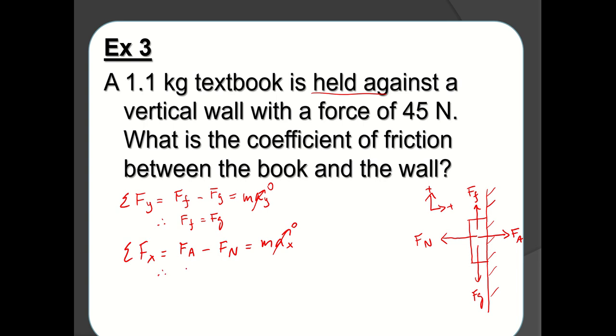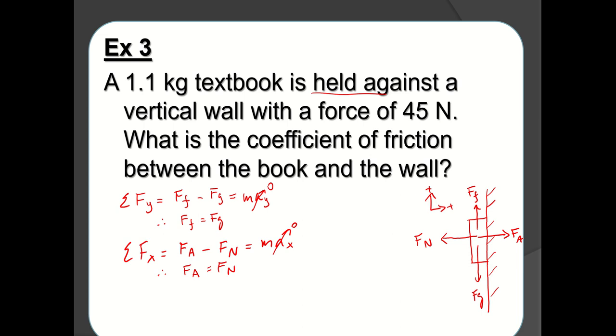Therefore, we get the equation where Fa equals Fn. Now we know the value of Fa is 45 newtons. Since we know our Fn, we can replace it into the force of friction equation.